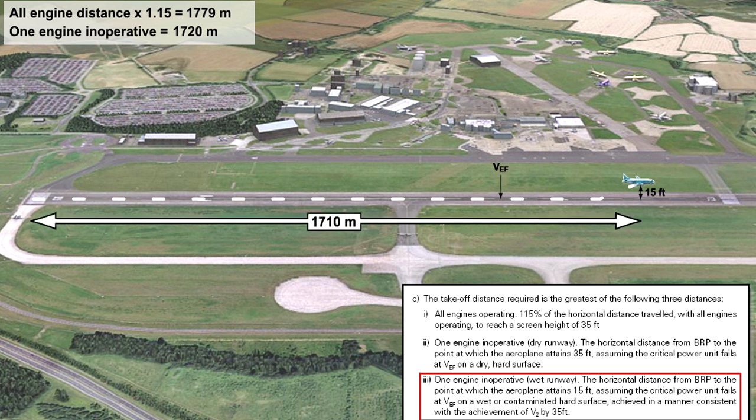As an example, let's assume this distance is 1,710 meters. Whichever of these three distances is the greatest is what is used as a certified takeoff distance. In our example, the greatest distance is 1,779 meters. Therefore, 1,779 meters is the certified takeoff distance.